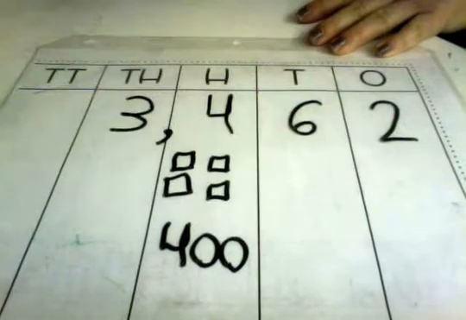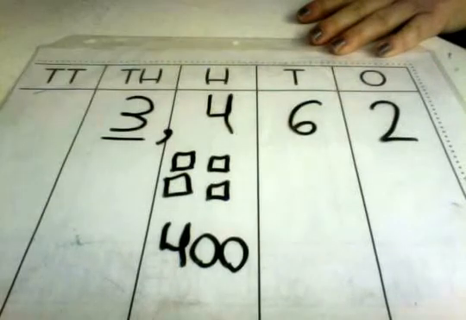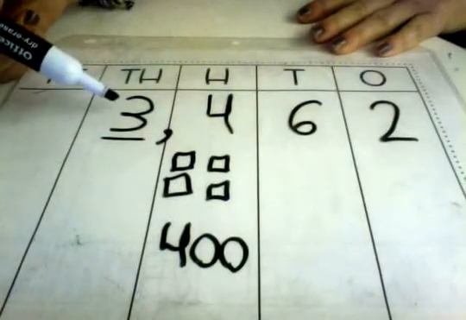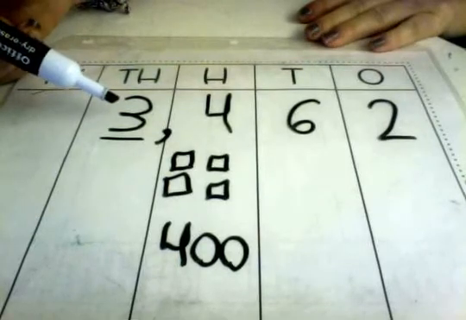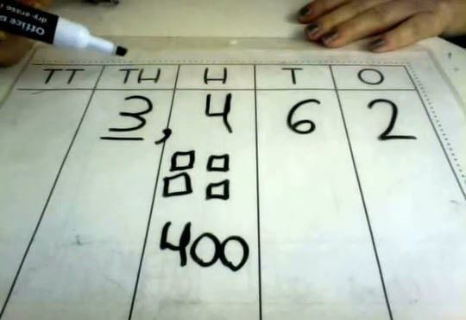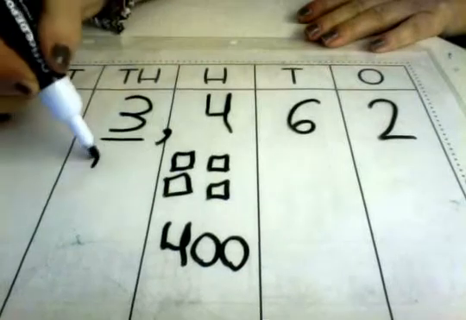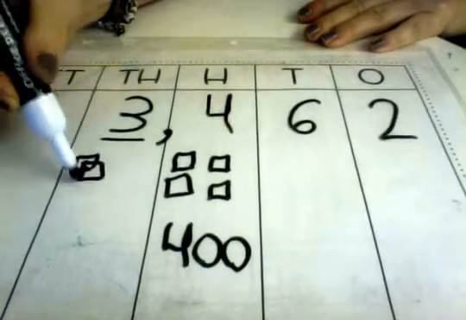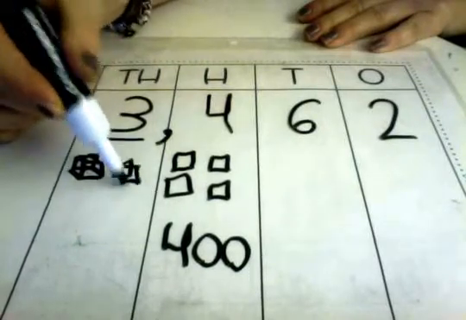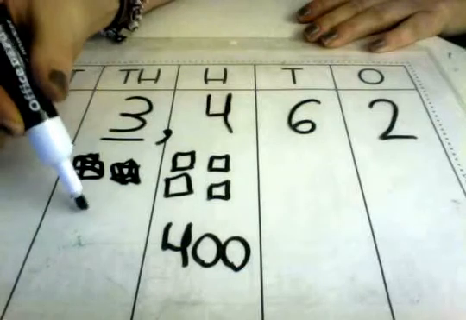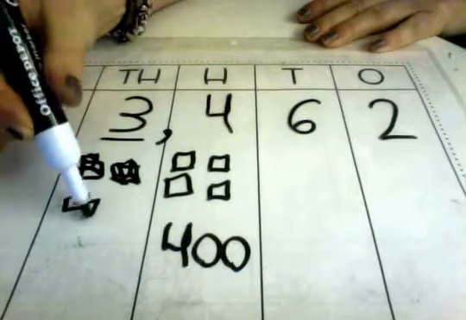Let's take a very quick look at this digit here. We know that this is the digit 3, but now we have to think, what place value is it in? Well, we see that it's in our thousands place value. So if I draw out 3 thousands, remember we use our cubes. 1, 2, 3. Try to do this along with me.